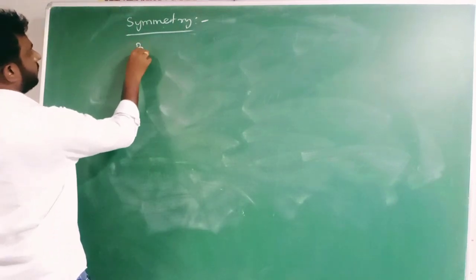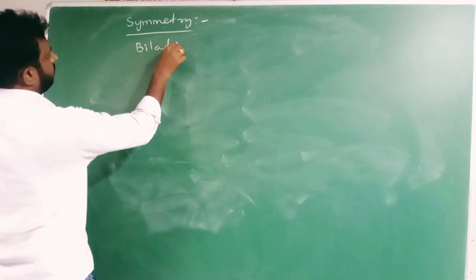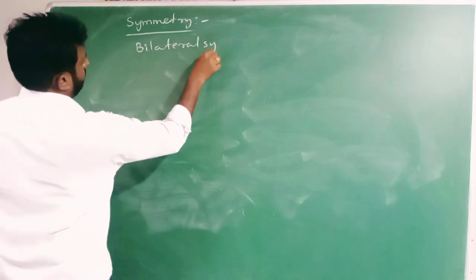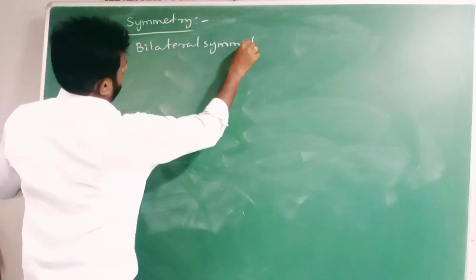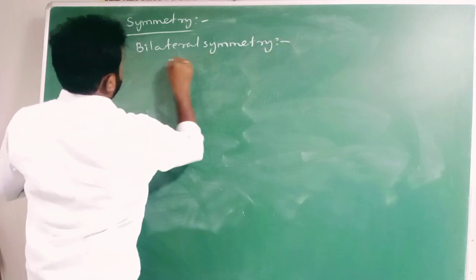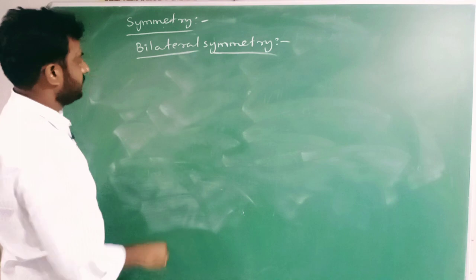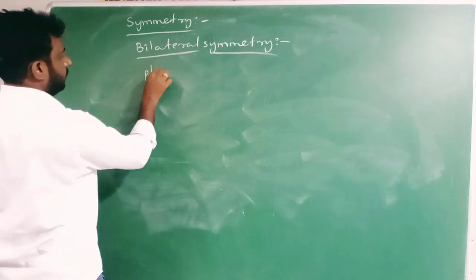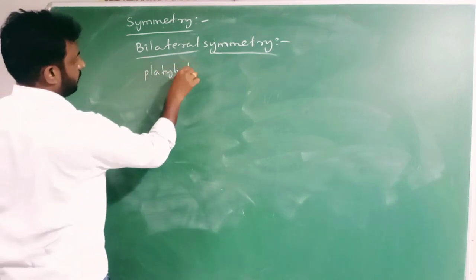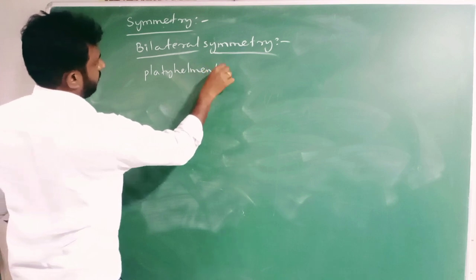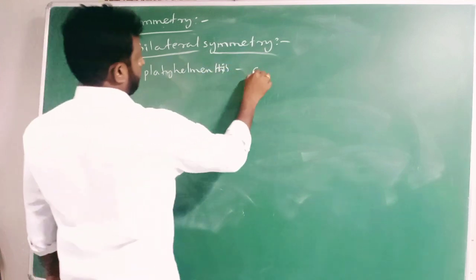Bilateral symmetry is seen in platyhelminthes up to chordata.